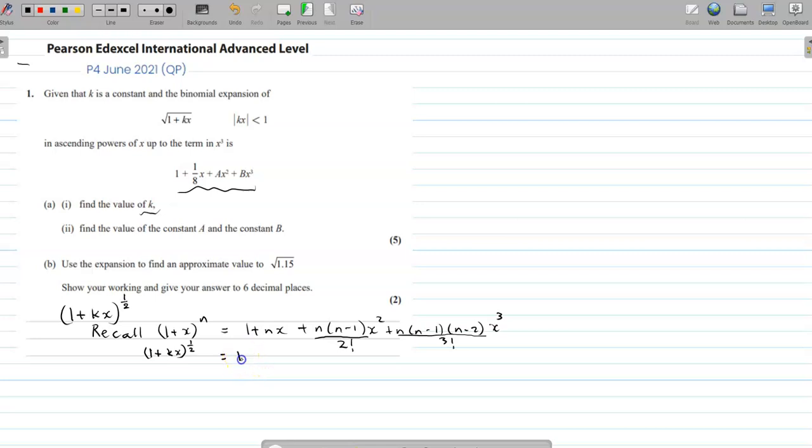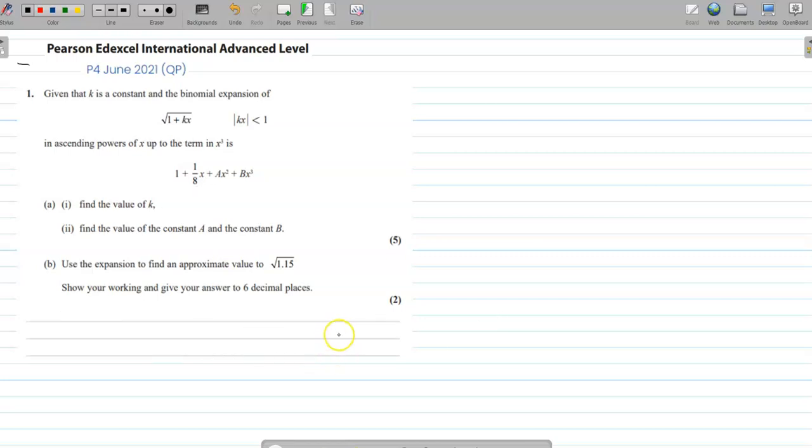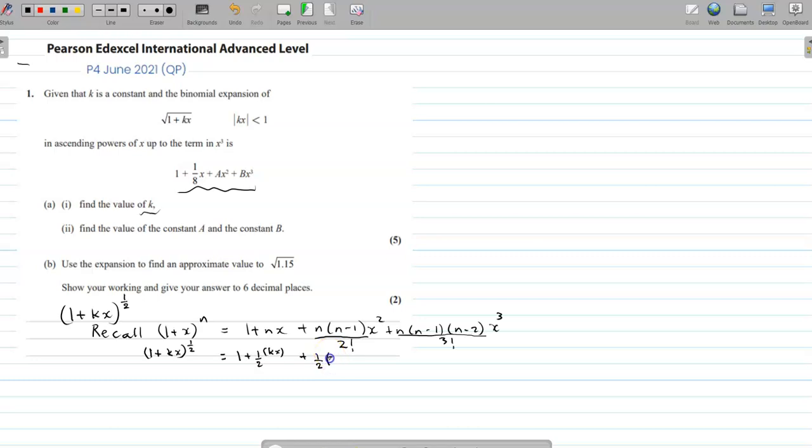So we would have 1 plus a half times kx, plus n is a half, over 2 factorial.